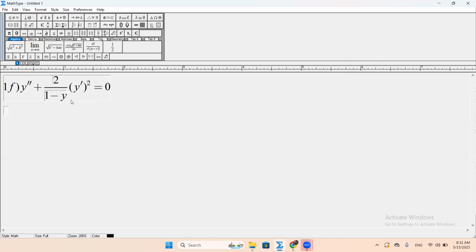Here there is no x, but only y of the 0 order, the first and the second derivative. So again, doing the same substitution: y prime equals p of y.